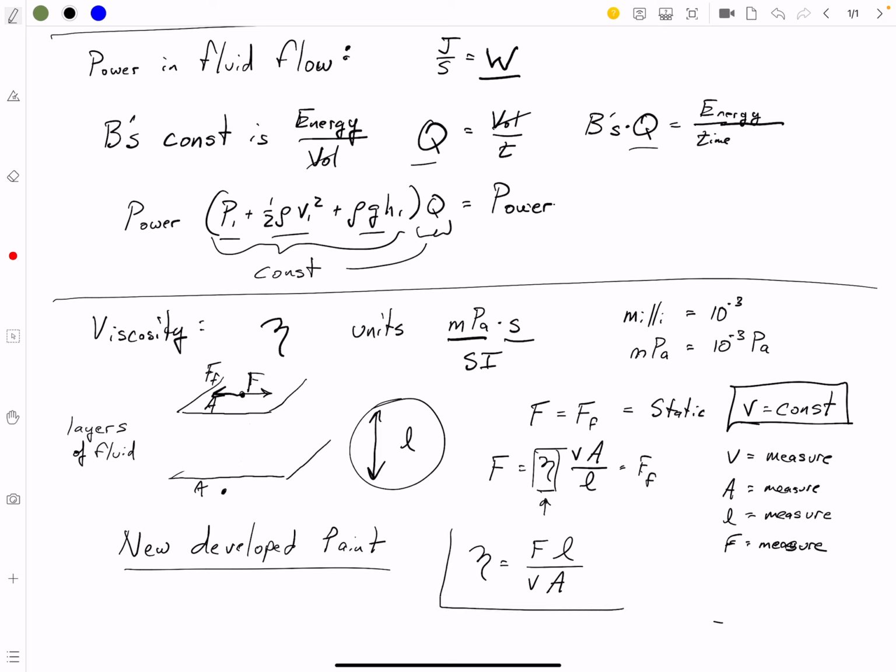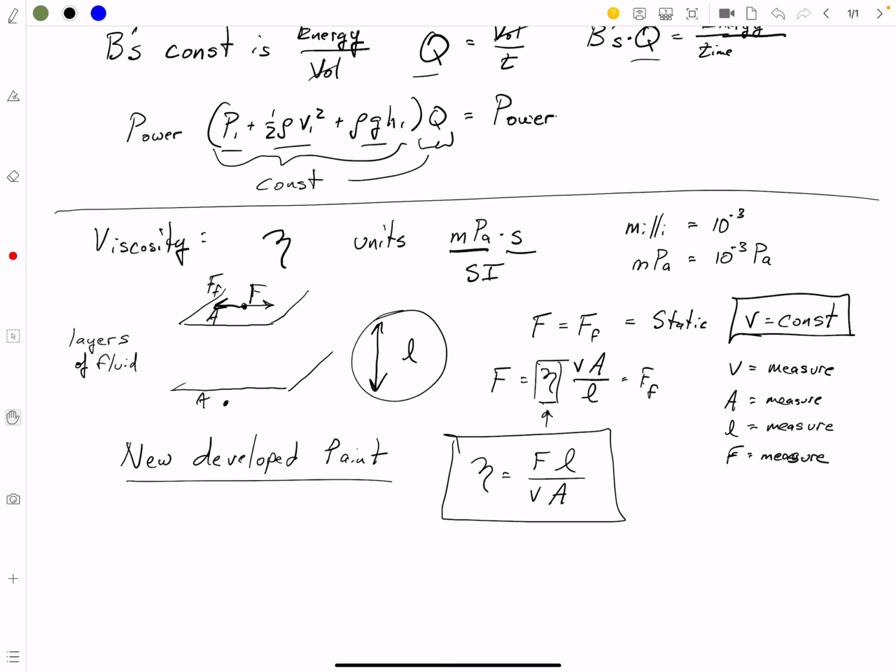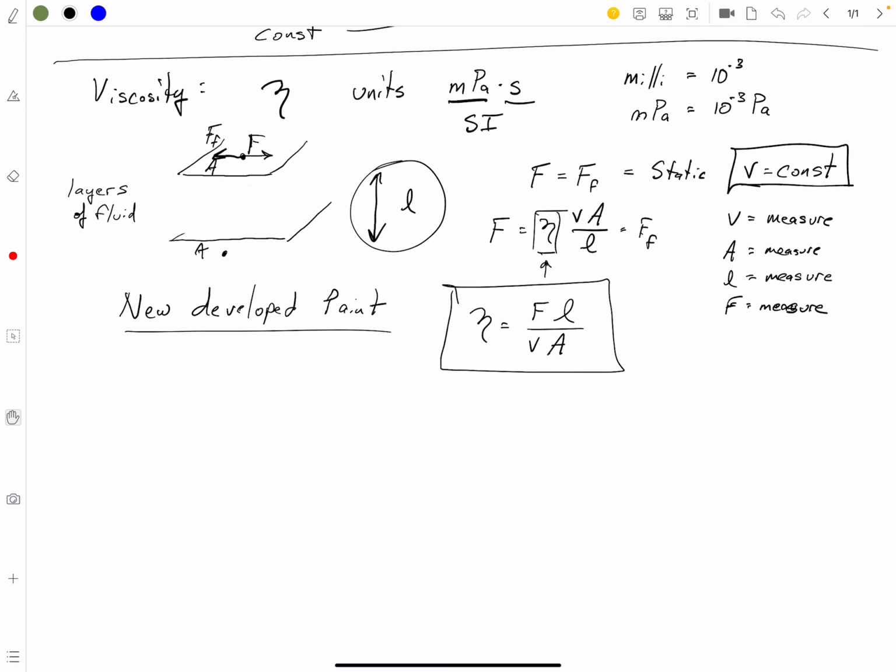So we do our experiment, all of those things have numbers, we end up with some new eta, a newly found eta for our newly developed paint.